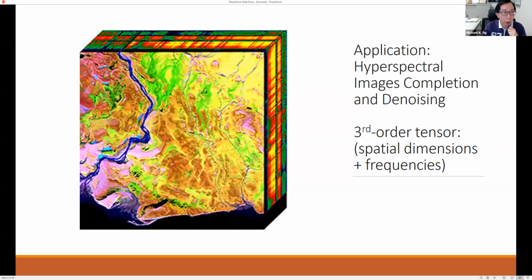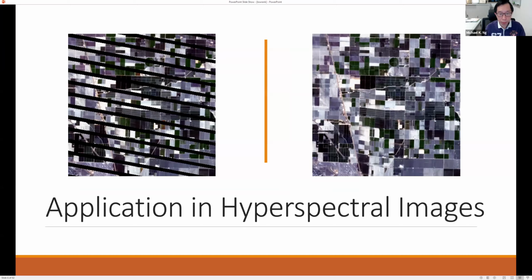I think this is another interesting data, hyperspectral data. You get this and want to do processing, classification, etc. This is one of the very typical applications in hyperspectral imaging. When the satellite acquires data from the ground, it takes pictures at different frequency modes, but because the sensor may have some defects or other artifacts in the acquisition, you will see this kind of corruption in the hyperspectral images.